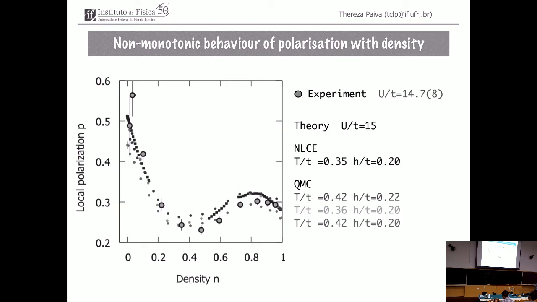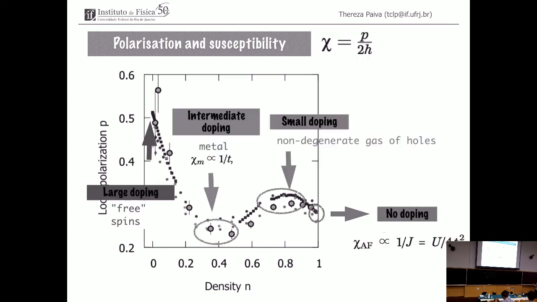We also look at the polarization as a function of density, keeping a fixed field, and this is very non-monotonic. And we kind of understand what's happening here. When we have no doping, we have an antiferromagnet which has a certain susceptibility.